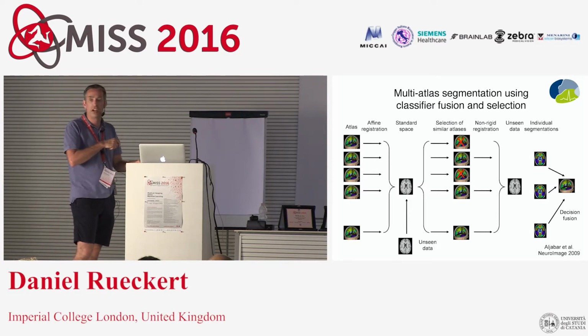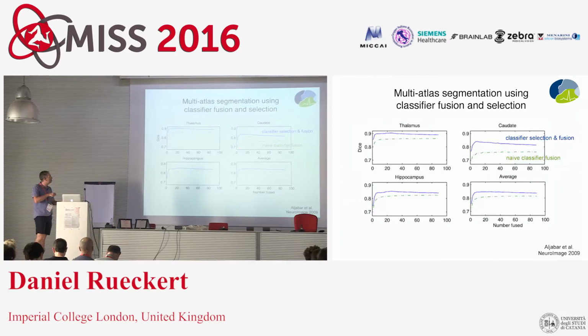So let's assume I have around 250 images, and I'm going to do the naive approach of randomly choosing some images from my database and fusing them. In the beginning, you see a massive improvement, but then you're completely flat. The more data you throw at it, nothing will get better.